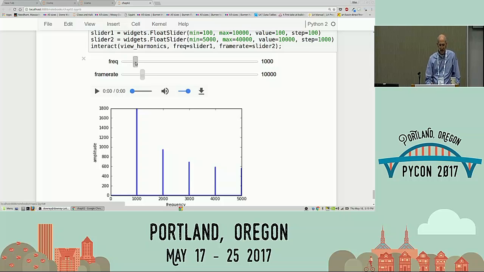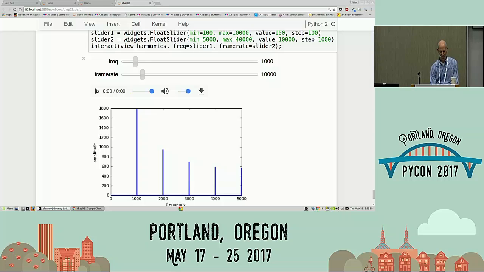So this doesn't sound too bad because the high frequency components are kind of in the right places. It's reasonable. But this only works because the frequency of my signal happens to be a multiple of my sampling frequency, or maybe the other way around. But it's a nice even multiple.